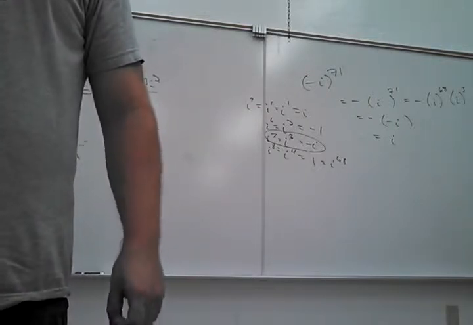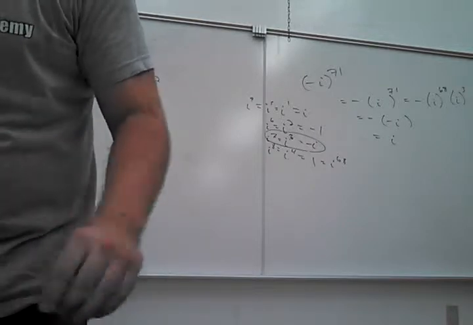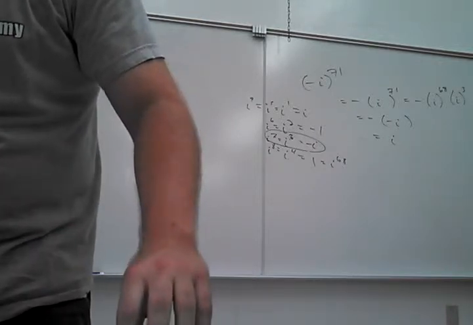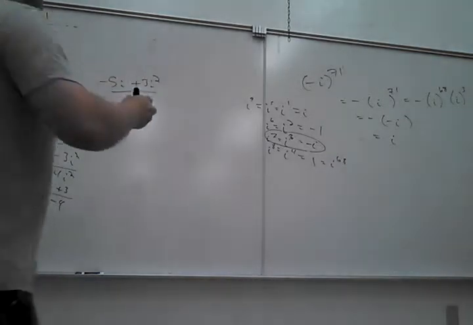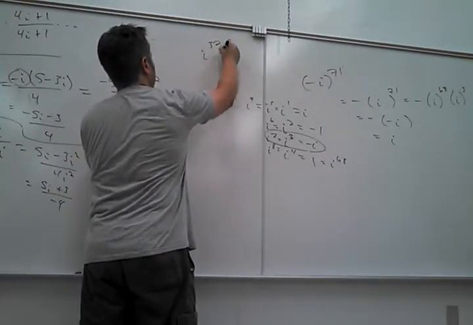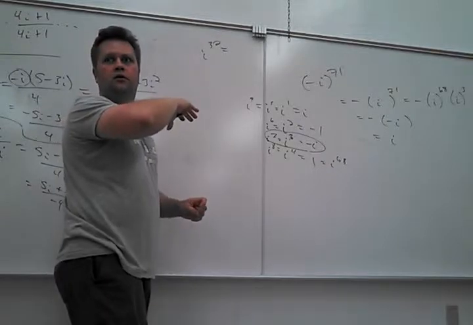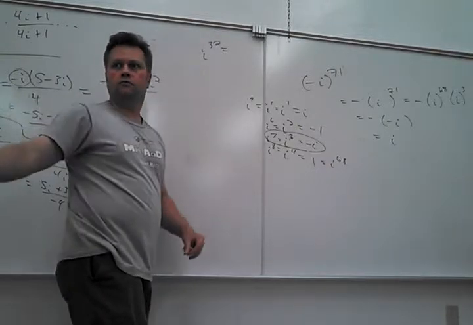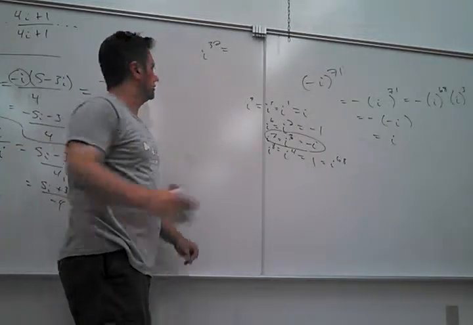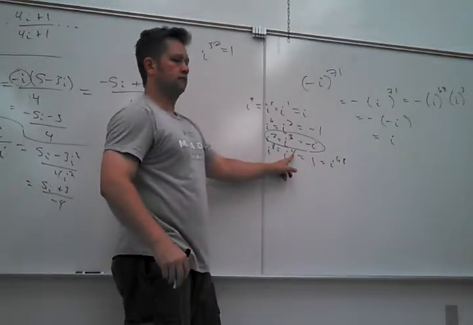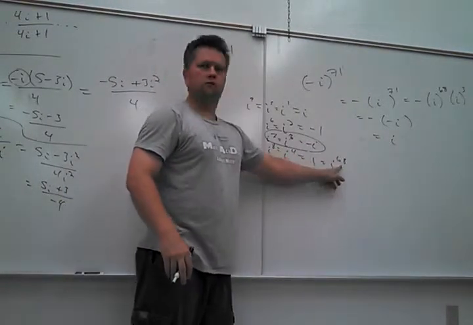Yeah. What about 85 in that same page? Same thing. So how many times does 4 go into 32? 8, with remainder 0. Right? So that means it's 1. It goes in evenly, so it must be here.